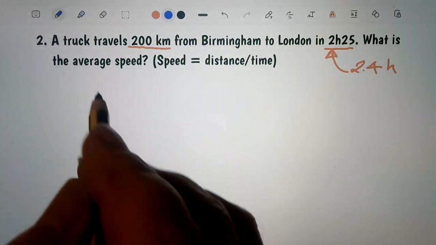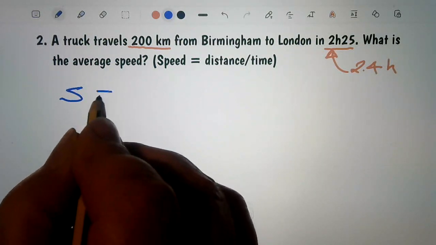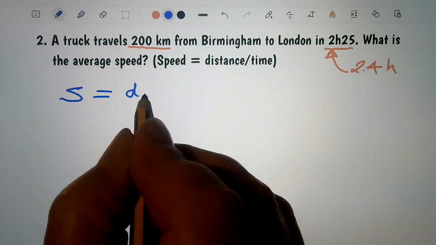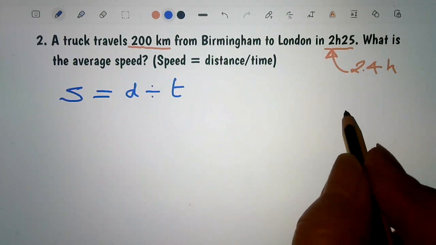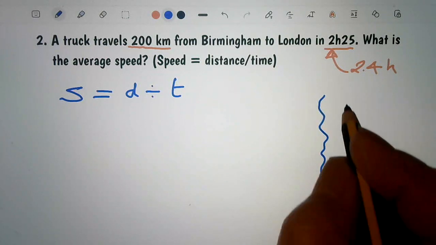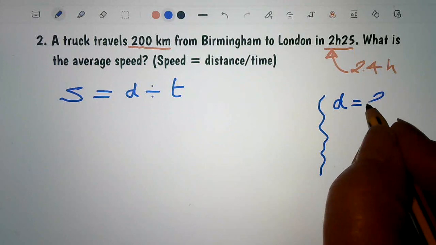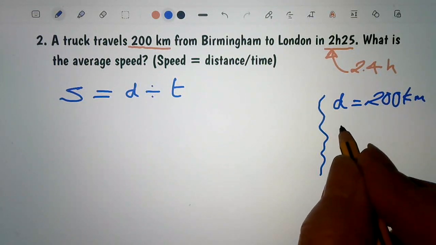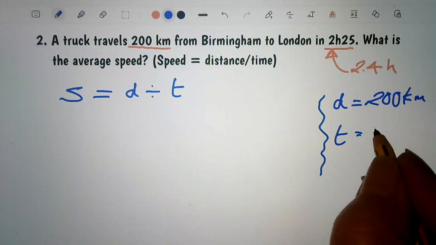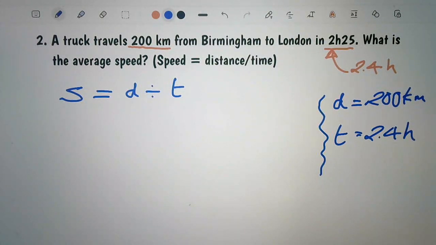Okay, let's write down the formula. We've got S for speed equals distance divided by time. And my distance is 200 kilometres. My time is 2.4 hours.